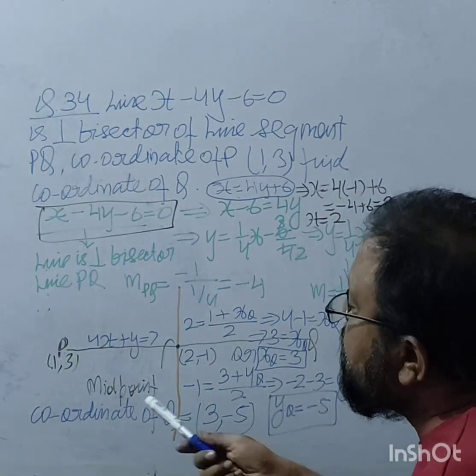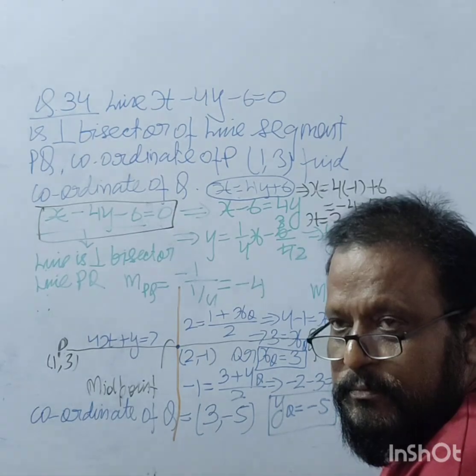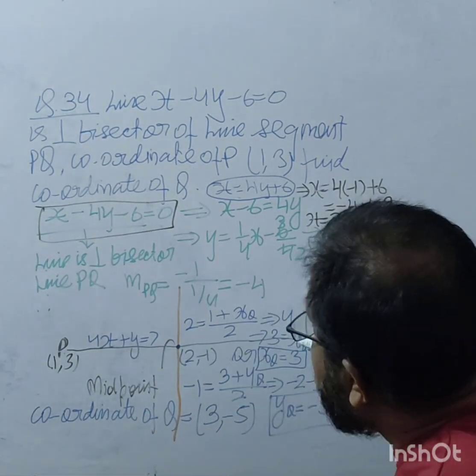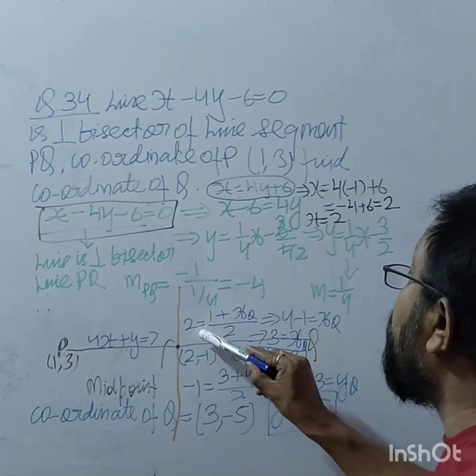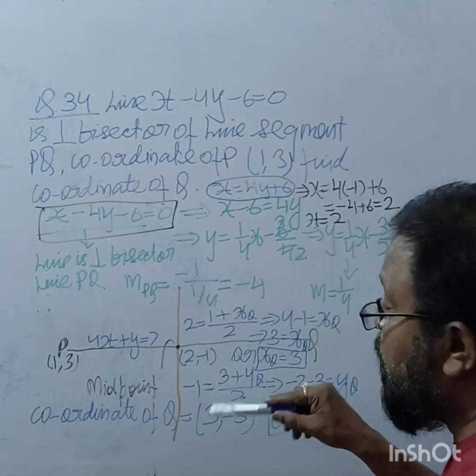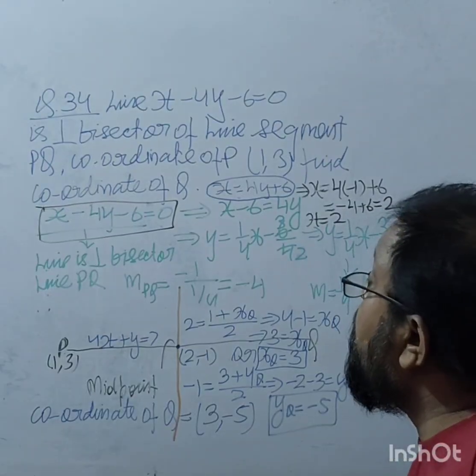And after that, since it is a bisector, it will be the midpoint, because this line is bisecting this PQ. When it is a midpoint, we put the formula like this. I did it in short, as a shortcut.